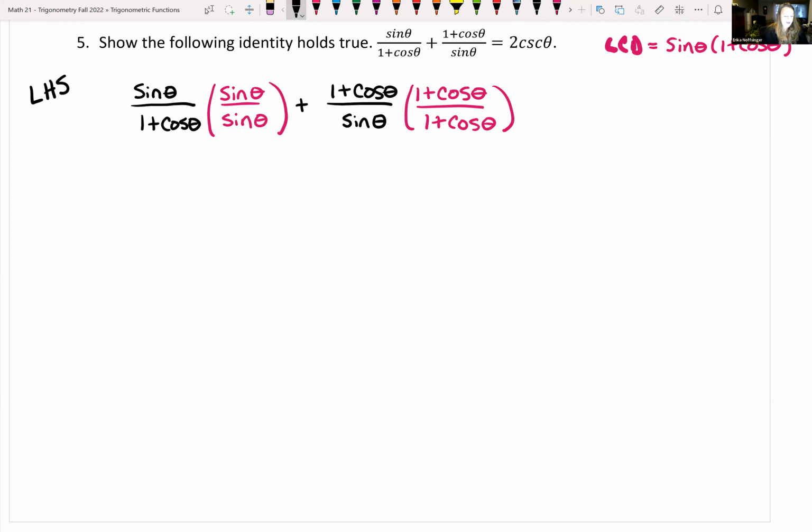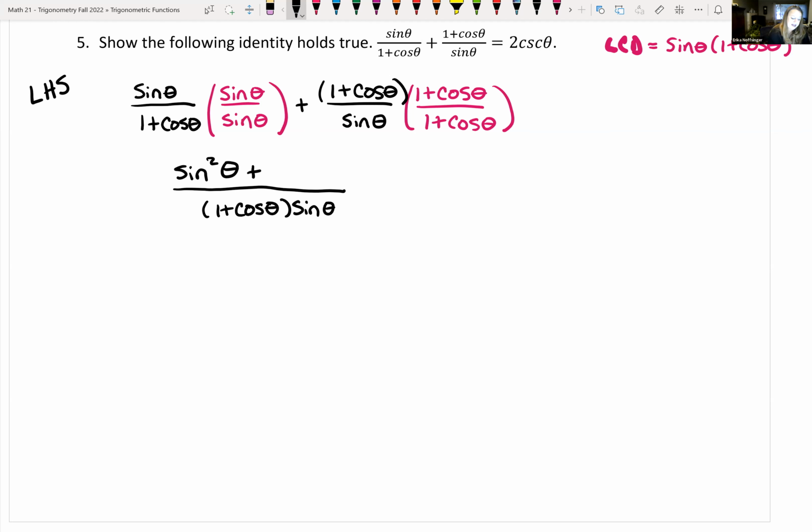So going back, we have sine theta times sine theta, which is sine squared theta, all over my common denominator, which is 1 plus cosine theta times sine theta. Let's distribute for that second fraction, 1 plus cosine theta times 1 plus cosine theta.